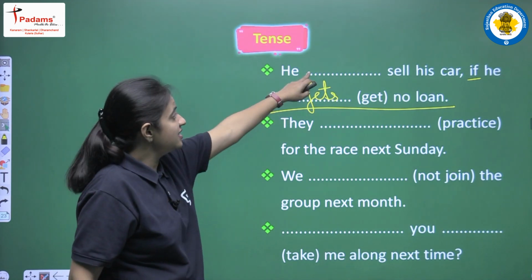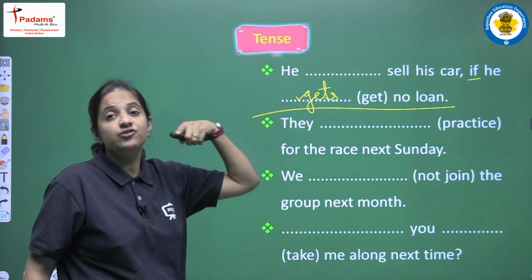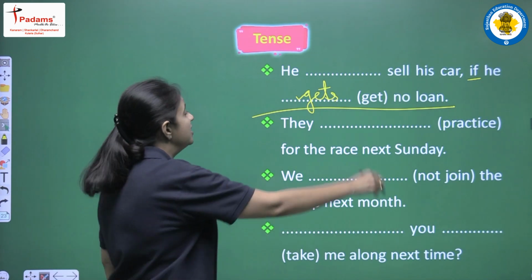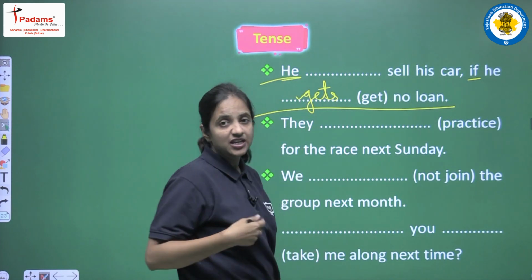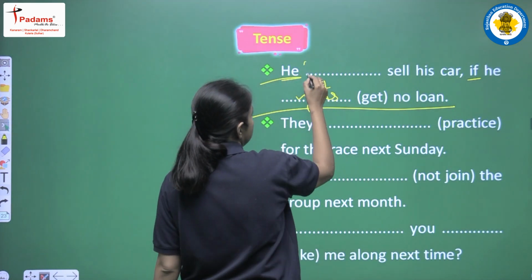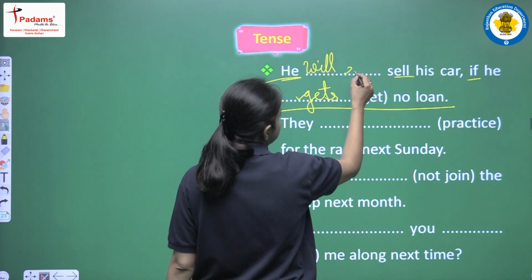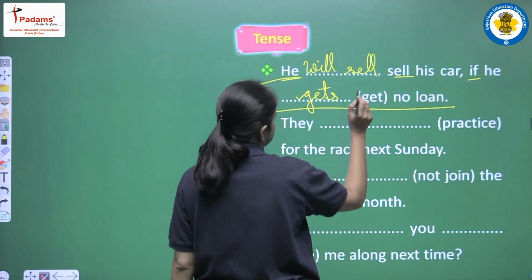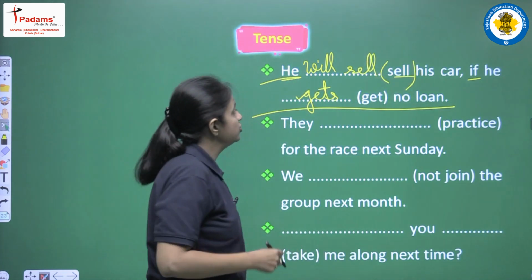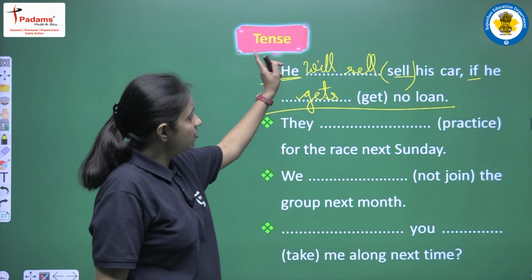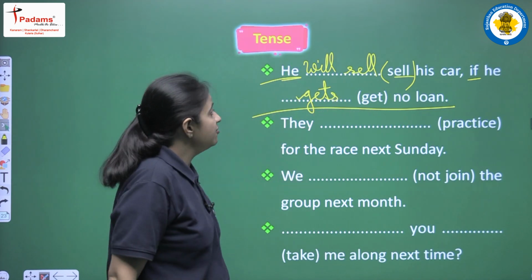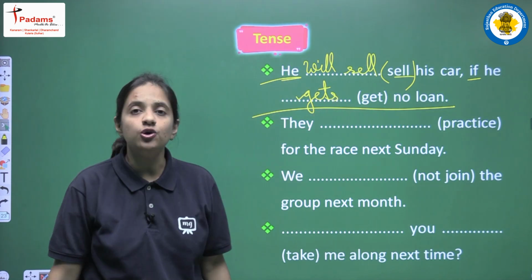Clear? This is the condition clause. So we will write future simple tense in the result clause and as a subject we are having he. So for he we will use will. First form of shall is shall only. Suppose this is in the bracket also. So here the sentence will be: he will sell his car if he gets no loan.